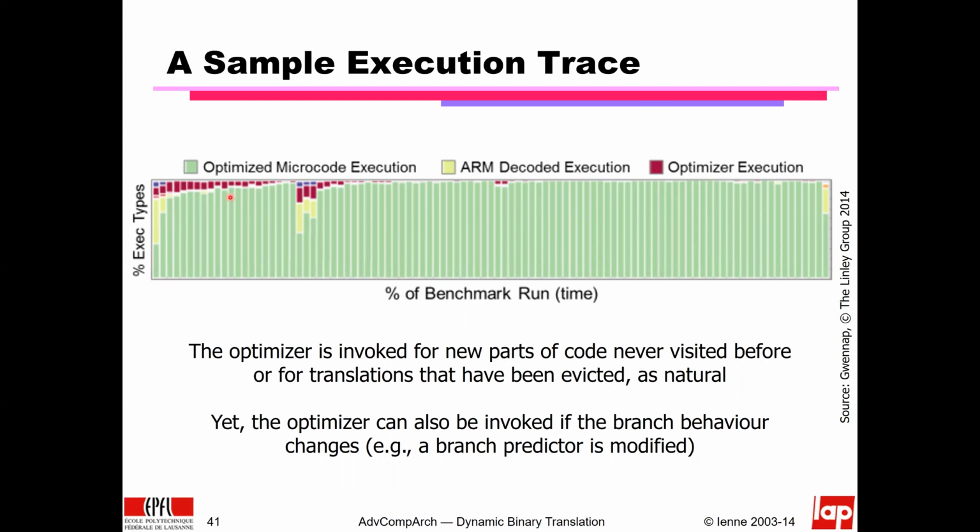But then as time passes, you execute the optimizer less and less, you execute less and less source code, and you're executing mostly optimized code. And then every now and then, whatever the benchmark is, I don't think it is even said, something happens that brings you to a different part of the code, so you have to restart from scratch, and then it goes to 0 and so on and so forth. But ideally after a while you are only executing optimized code, and therefore you're extremely efficient.